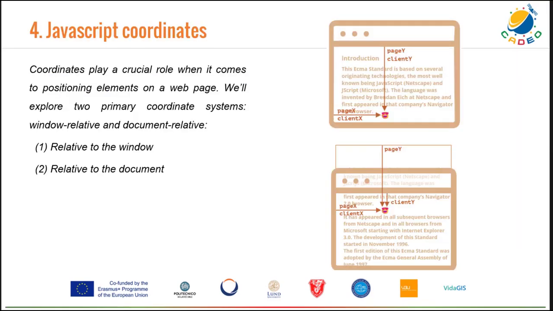Next, we will learn about JavaScript coordinates. Coordinates play a crucial role when it comes to positioning elements on a web page. We will explore two primary coordinate systems: window relative and document relative. Window relative coordinates are similar to the CSS position property with value fixed and are calculated from the top left anchor of the window, denoted as clientX and clientY.